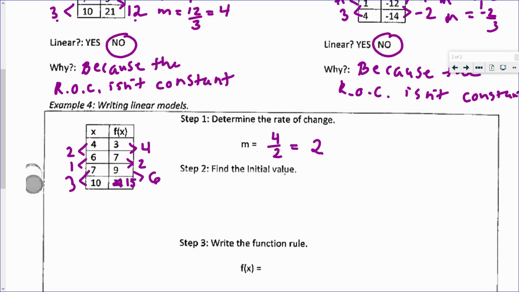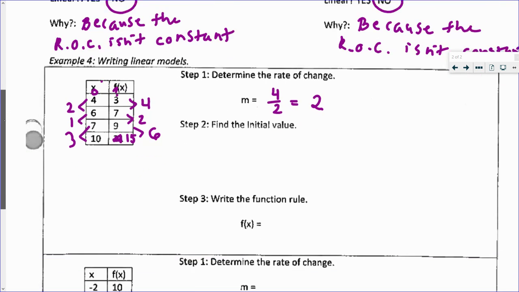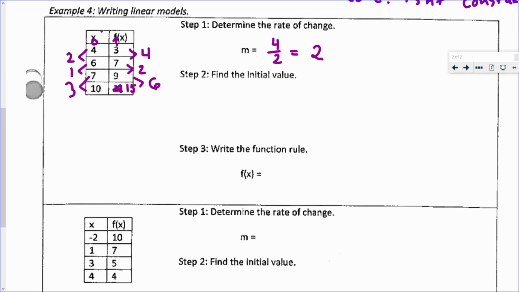Finding the initial value is a little bit different because I don't have x equal to 0 here, like I did on the last page. I want to know when x equals 0, what is the y value? That's what I need to calculate right now. So here's the steps to finding it.